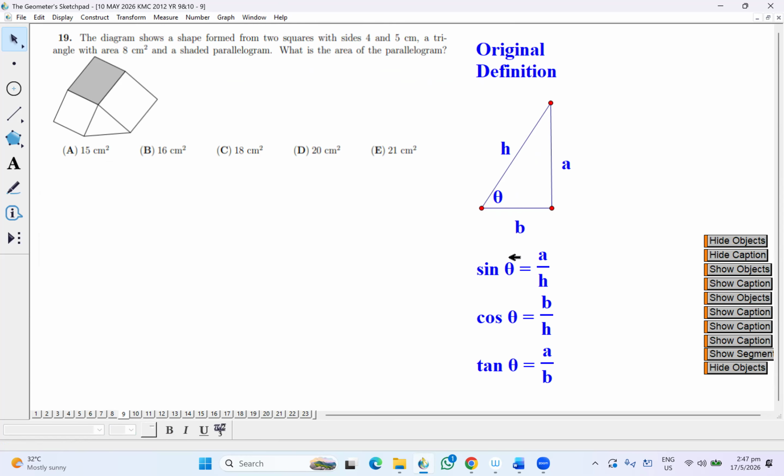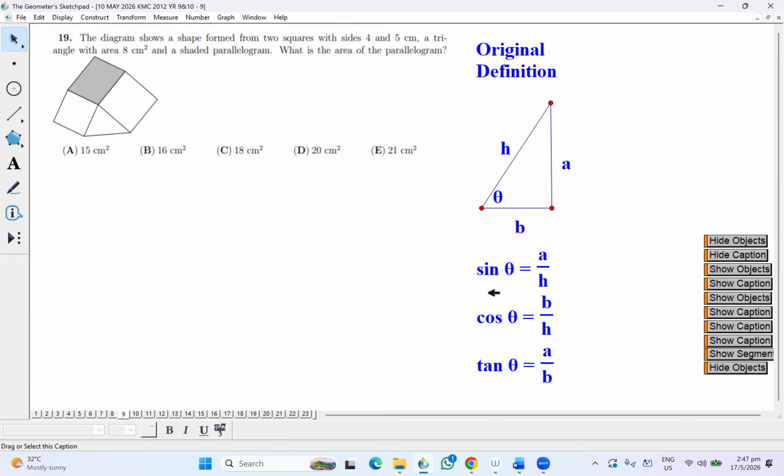Then only you have this definition, which was done by the Egyptians. The Egyptians invented these ratios: sine, cosine, tangent. They use them so that they can make calculations. By making one measurement, they don't have to make a second measurement, because they record all the values, sine, cosine, tangent, and work them out carefully.